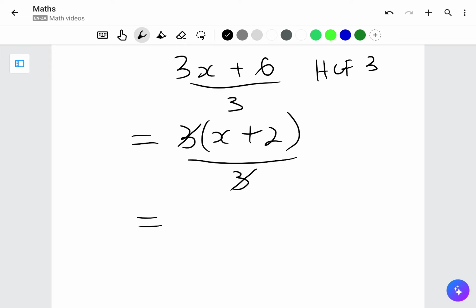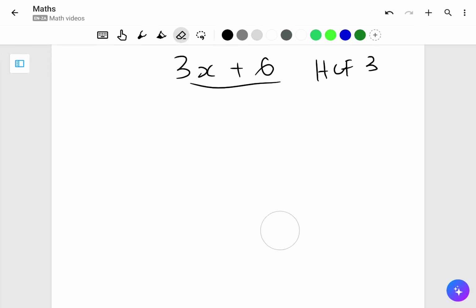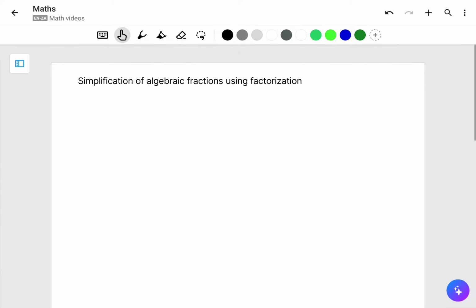What am I left with? I'm left with x plus 2, and that's my answer. Quite simple, not difficult. So that's a warm-up question. Let's go and check out another one.